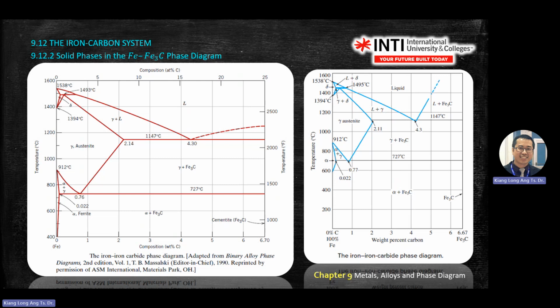On the axis, the left y-axis is Celsius. On the right, the y-axis is Fahrenheit. On the top is atom percentage. On the bottom is weight percentage. This kind of question can combine weight percentage and atom percentage.